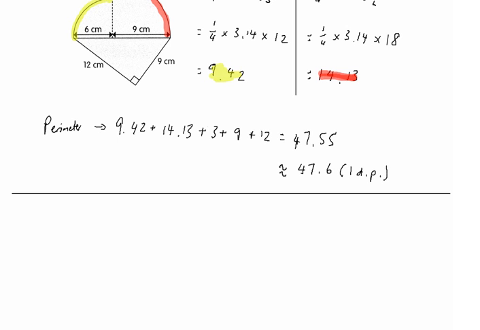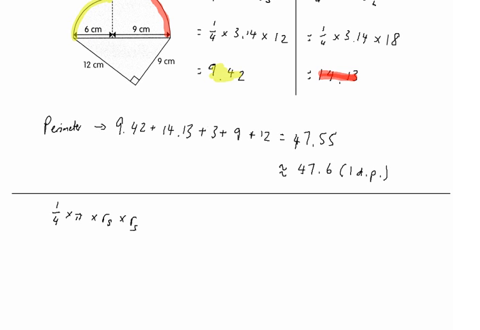To find the area of the small quadrant, it will be 1/4 multiplied by pi multiplied by the radius of the small quadrant multiplied by the radius of the small quadrant, right? Correct? Okay, 1/4 pi r squared.